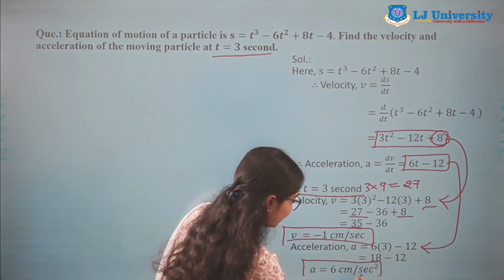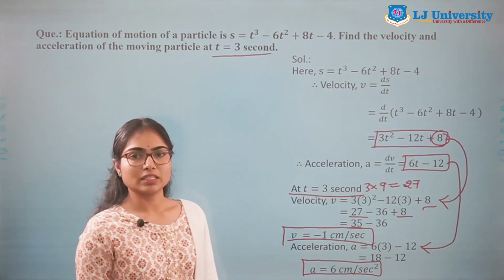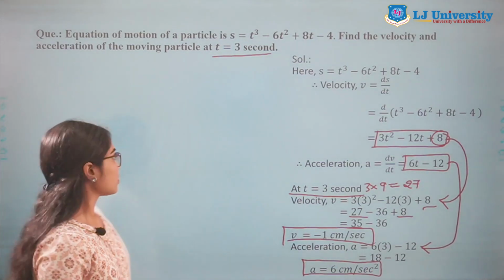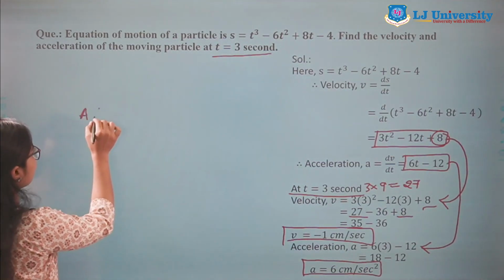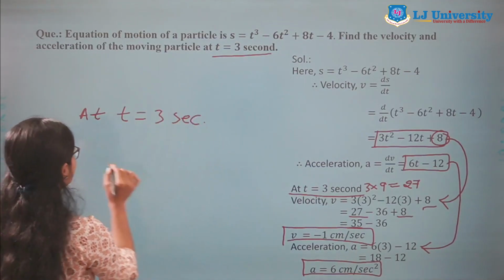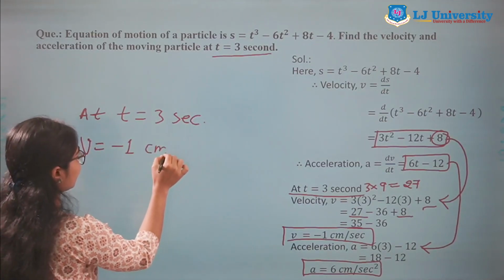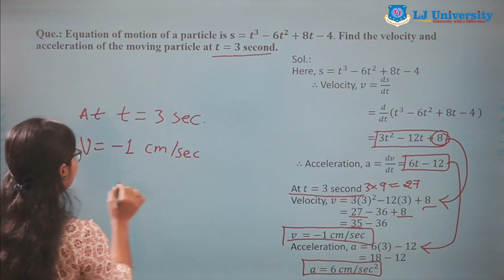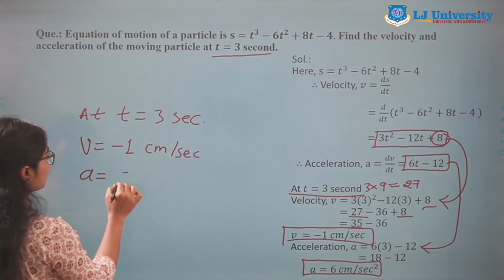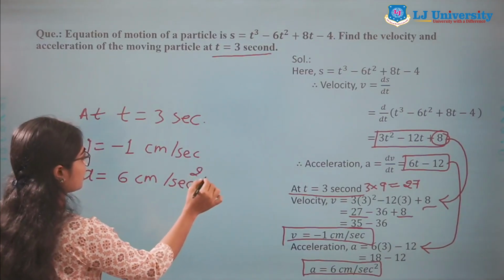So here we get acceleration a equals 6 centimeter per second square. So at t equals 3 seconds, we get v equals minus 1 centimeter per second and a equals 6 centimeter per second square.